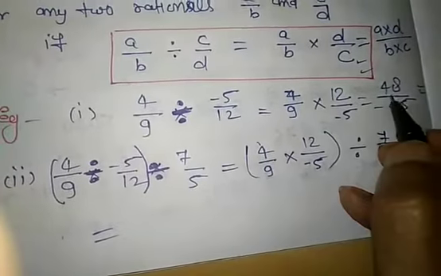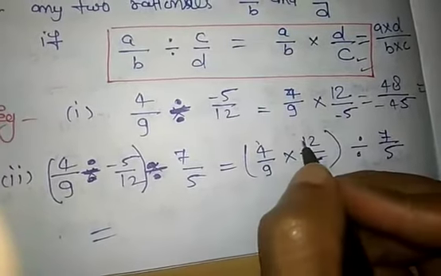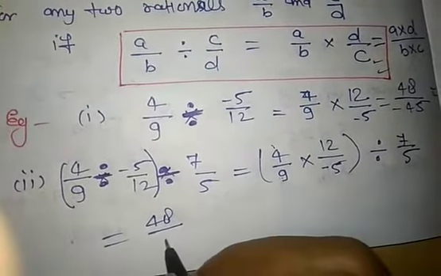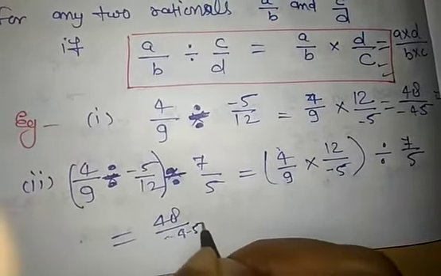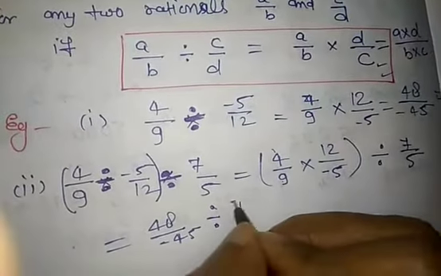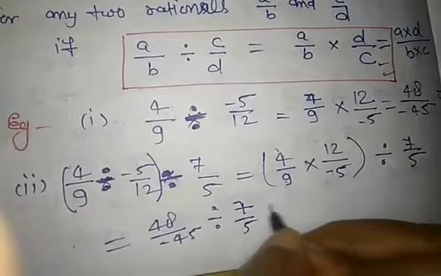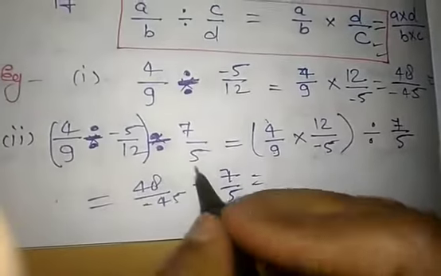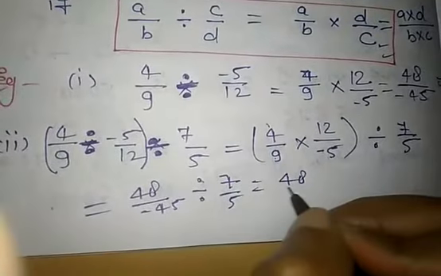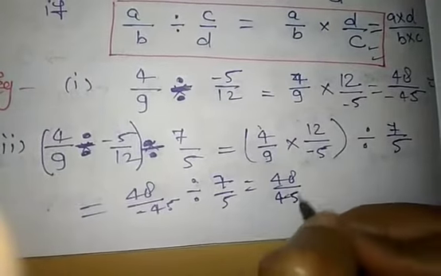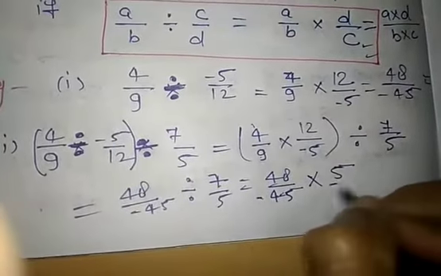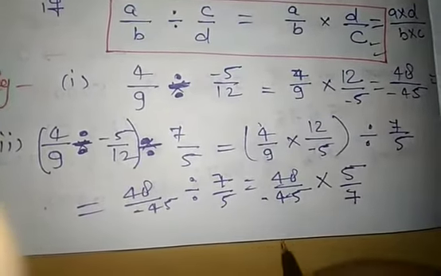We get 48 by minus 45. 4 into 12, 48. And 9 into minus 5, minus 45. Divided by 7 by 5. Again change the sign of division. We get 48 by 45 multiplied by 5 by 7.